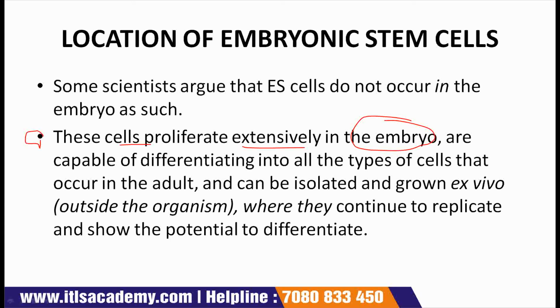As these are embryonic stem cells, of course they will proliferate in the embryo and are capable of differentiating into all the types of cells that occur in the adult, and can be isolated and grown ex vivo, or we can say outside the organism, where they continue to replicate and show the potential to differentiate.